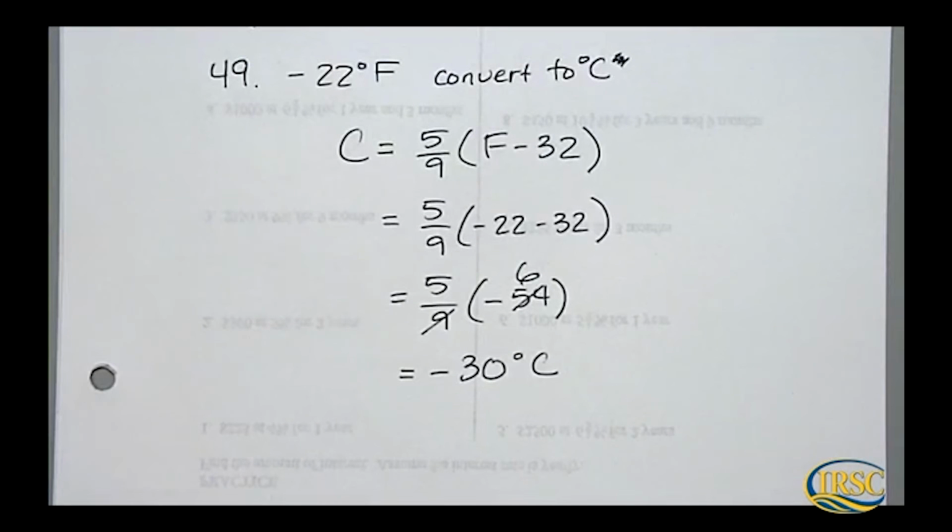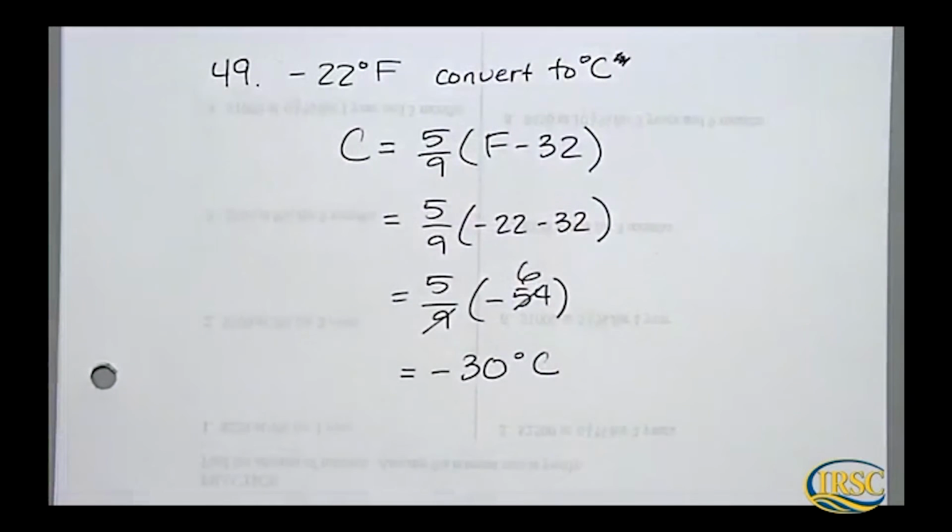Sometimes you might have to do 5 divided by 9 and hit equals first and then multiply it by 54 to make sure that you get the right thing, making sure that your calculator understands what you're trying to do. It all depends on the calculator. Every calculator is different.